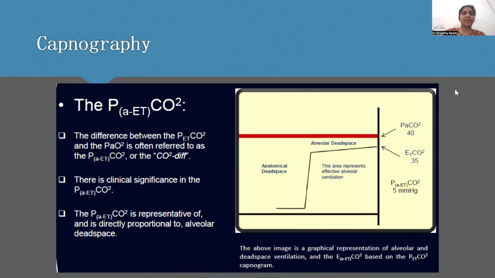The difference between EtCO2 and PaCO2 is often referred to as the carbon dioxide gradient. There is a clinical significance in this difference, which is representative of and directly proportional to alveolar dead space. The red line depicts PaCO2 and the alveolar plateau depicts EtCO2.